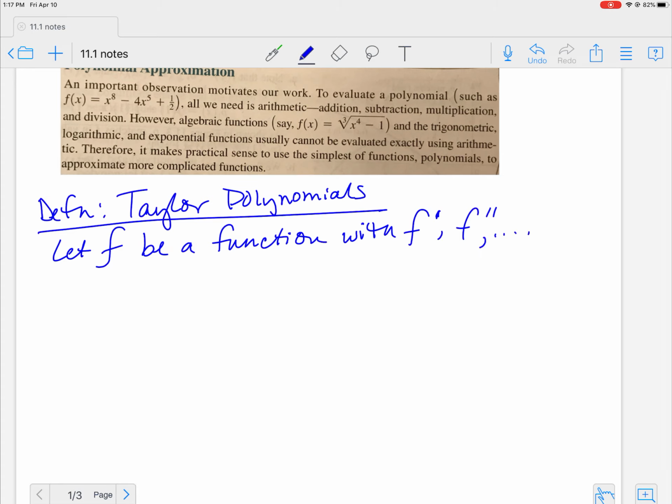All the way up to the nth derivative here, defined at a. So that's the kicker. I'm defining it at a specific value, and that's the key. So we're taking it and we're just centering it around a specific value. I'm not talking about the whole thing. I'm just centering it around this specific value.